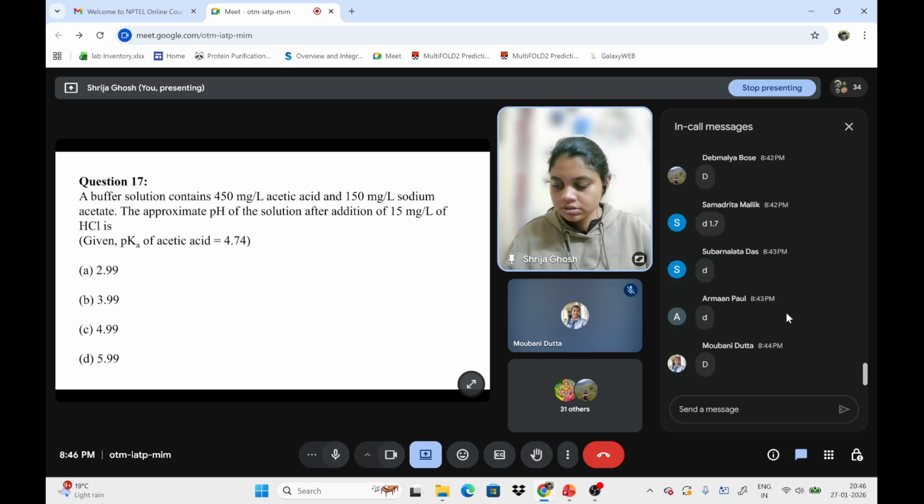Check once. Molecular weight of sodium acetate is 82. Acetic acid is 60. HCl is 36. Use this information and calculate.